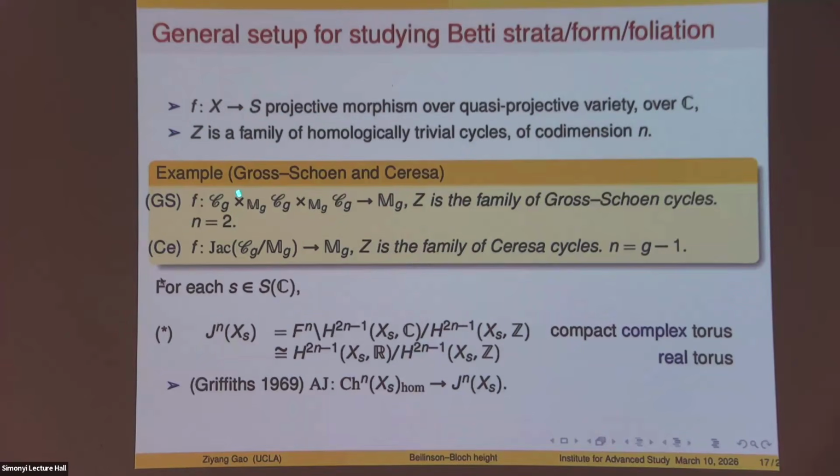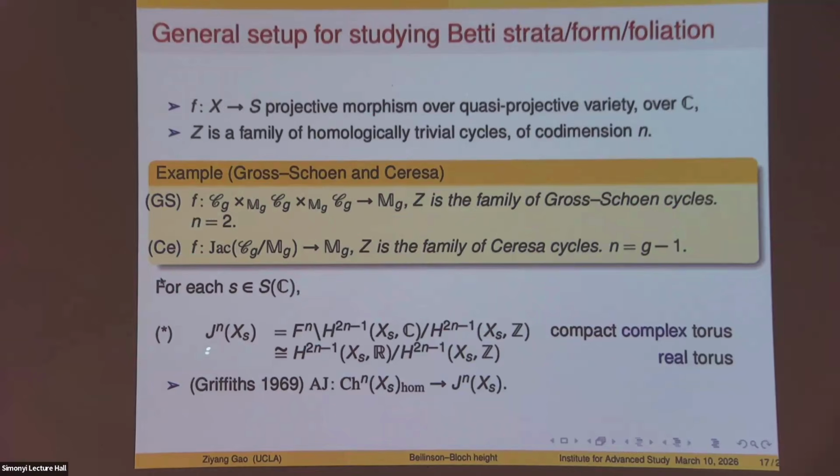And we'll also take a family of homologically trivial cycles of codimension n. Like in the first case, we're taking the family of Gross-Schoen cycles and the codimension is 2. And in the second case, we're taking the family of Ceresa cycles and the codimension is g minus 1. And we're going to use this intermediate Jacobian to study this.